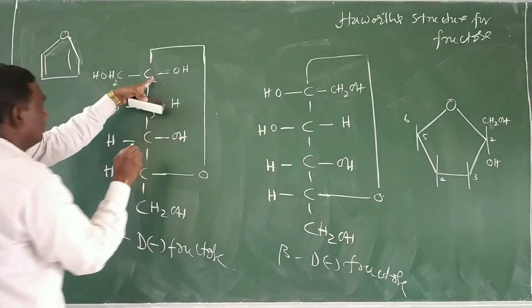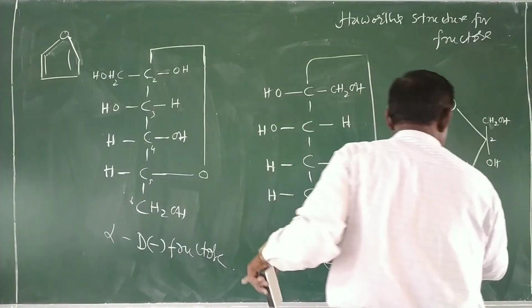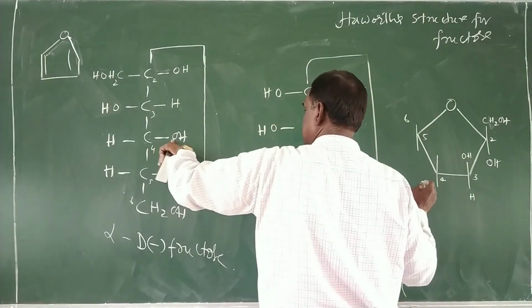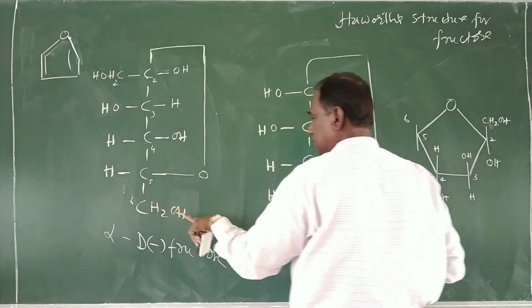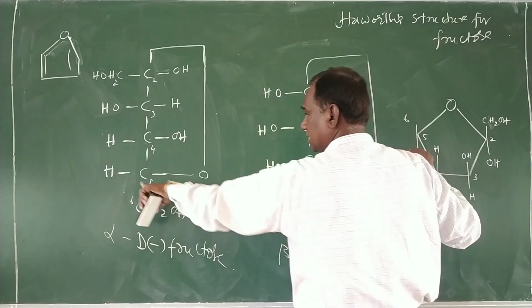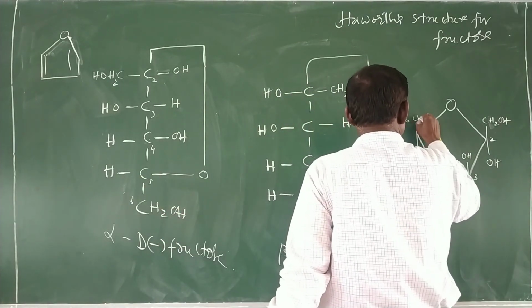Remember 1, 2, 3, 4, 5, 6. Third means H is here. Therefore H is here. This is OH. So next, fourth one, OH is right hand side. Right OH here. So this is H. So that is fifth, right hand side O is there. You see O and H and CH2OH. Come to write this hydrogen atom here and this is CH2OH.